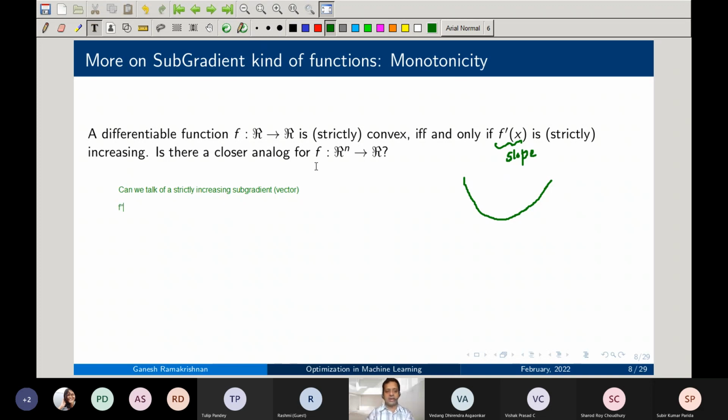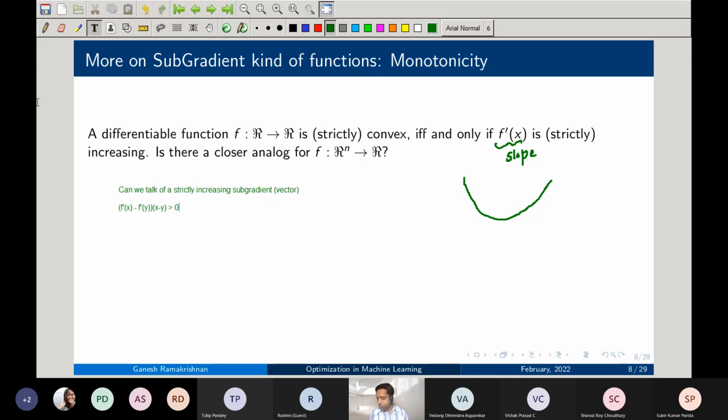It's like saying, okay, I have f dash x minus f dash y, dotted with x minus y. This should be strictly greater than 0 or greater than or equal to 0.